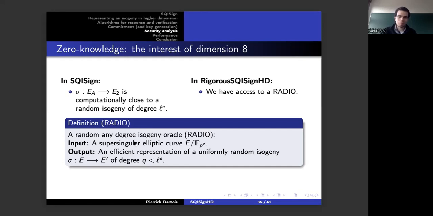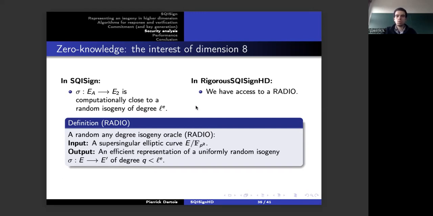It takes as input an elliptic curve E, which is supersingular, and it sends an efficient representation of an isogeny, which is uniformly random among isogenies of degree at most L to the E. So this oracle is less ad hoc and simpler than the previous one. And so this was the interest of going into dimension 8.